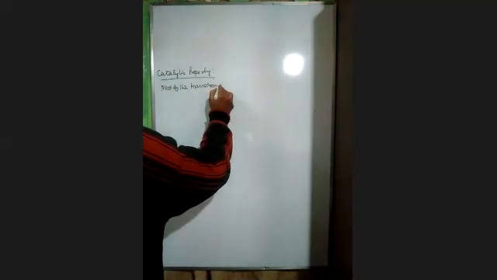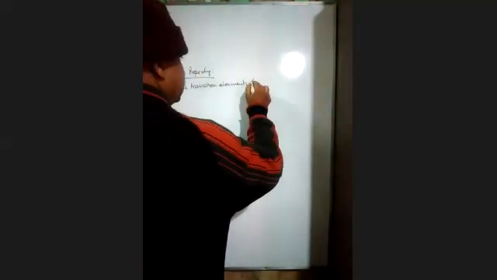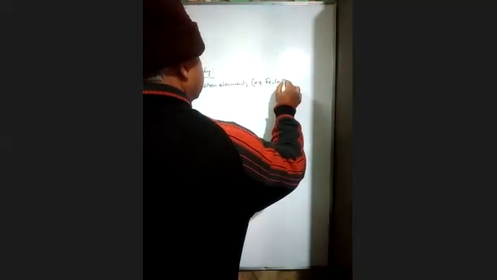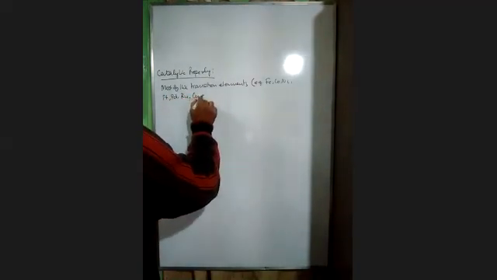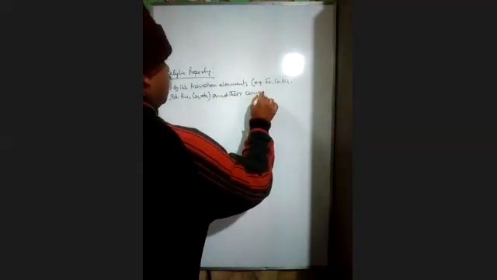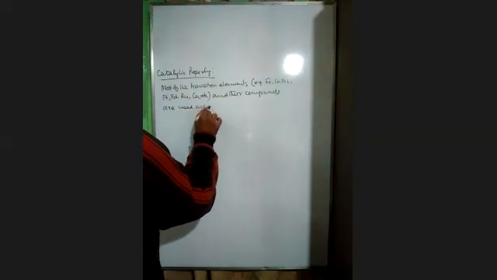Most of the transition elements, for example iron, cobalt, nickel, then platinum, palladium, ruthenium, copper, etc., and their compounds are used as catalysts.